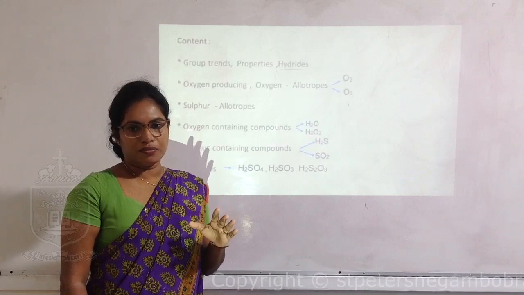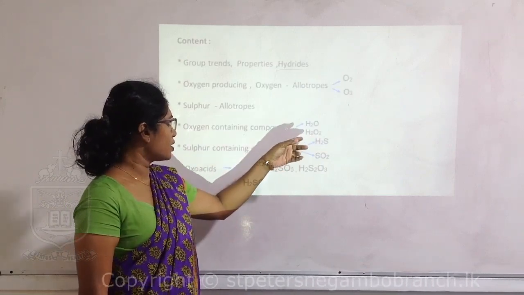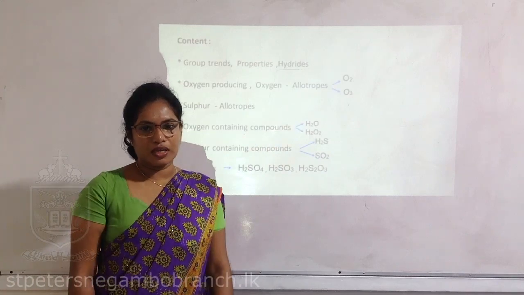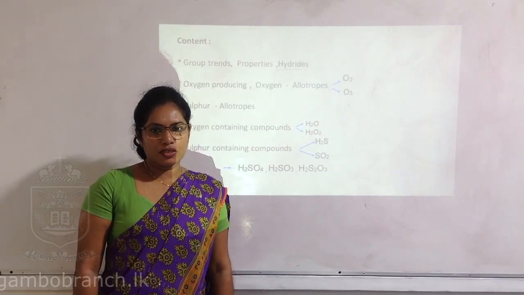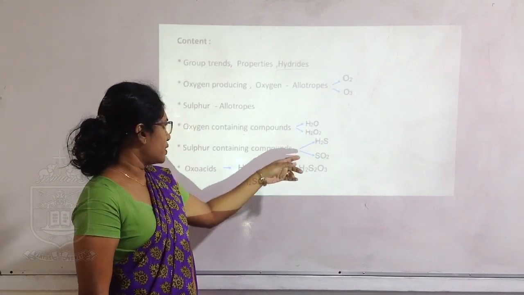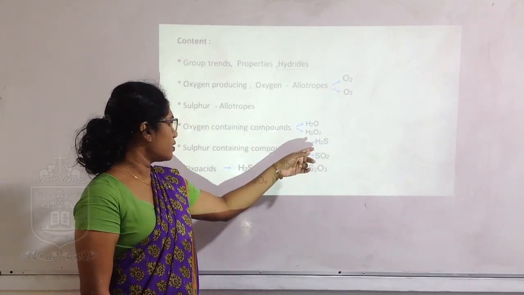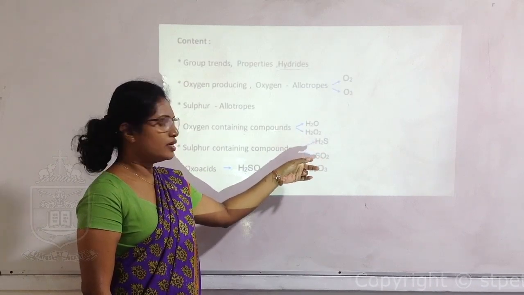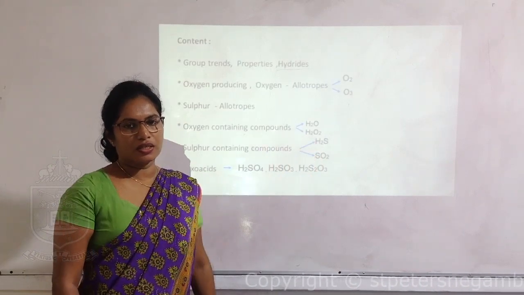oxygen containing compounds. Under that, we talk about water and hydrogen peroxide. Then we talk about the sulfur containing compounds. Under that, we talk about hydrogen sulfide and sulfur dioxide.